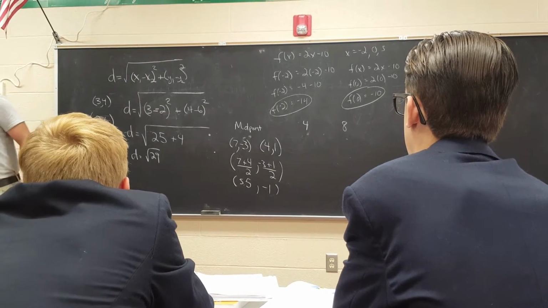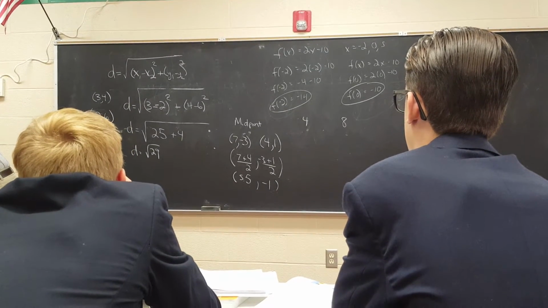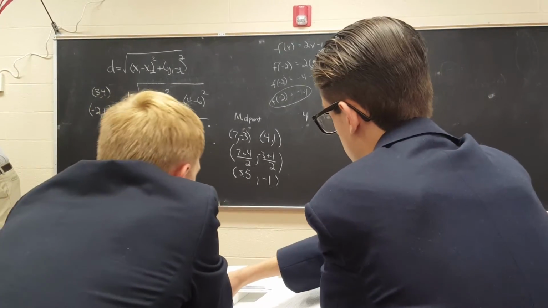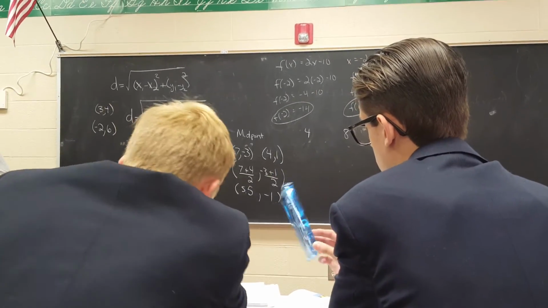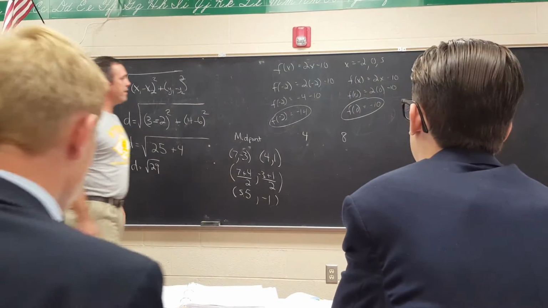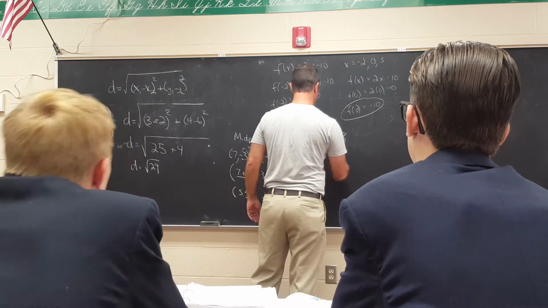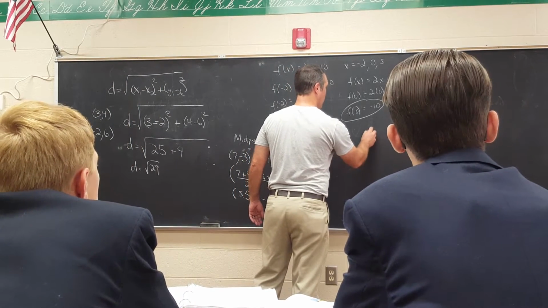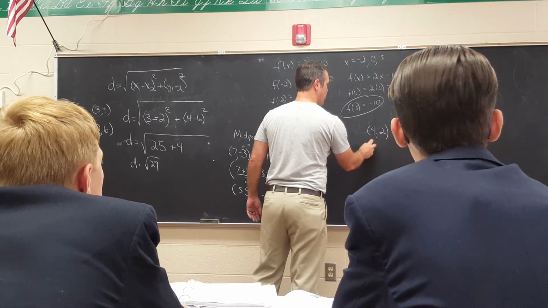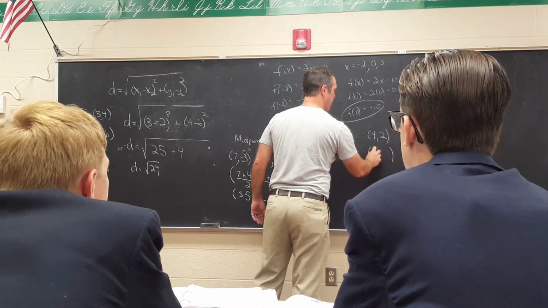All right, then we have the slope formula between 2 points. Find the slope between points (4, 2) and (-3, 4).